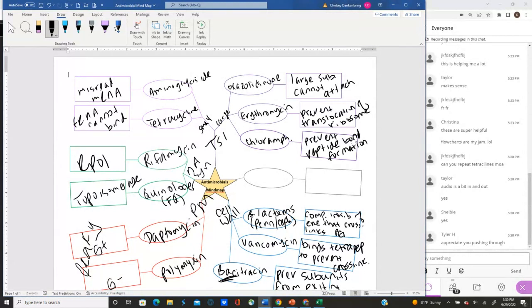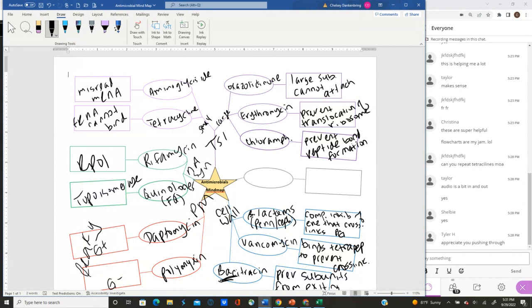Once the ribosome reads one codon, it attaches the amino acid, and then it scoots down the messenger RNA, and it reads the second codon, attaches that amino acid. Then the ribosome moves again, reads the next set of 3, attaches the amino acid. Ribosome moves down, reads the next set of 3, attaches the amino acid. That movement of the ribosome is called translocation, just a fancy word for move.